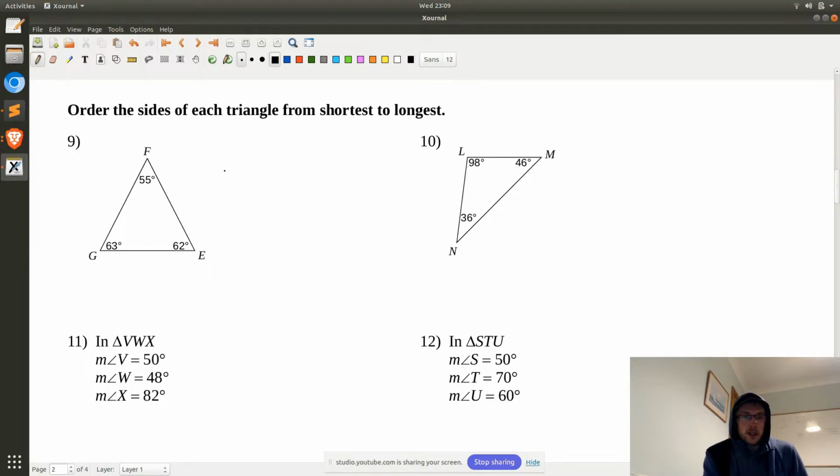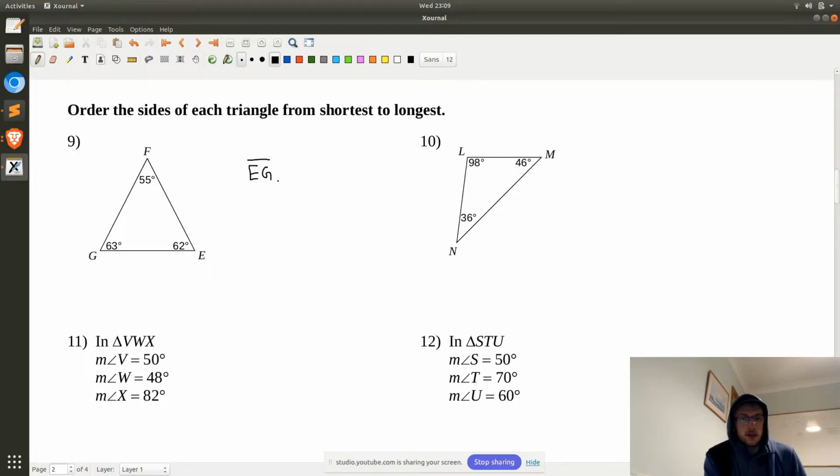Now order the sides of each triangle from shortest to longest. So from shortest to longest, side GE is the shortest. Side F, I do want to sort of do it alphabetical.